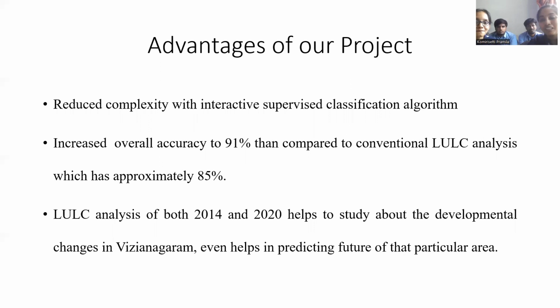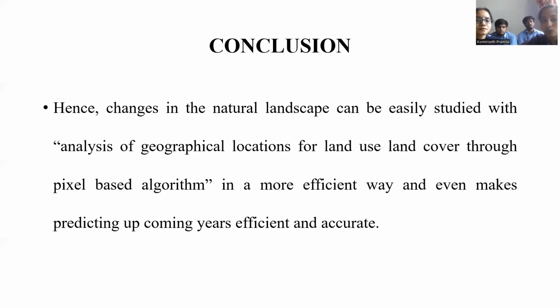In the previous conventional methods it used to be only 85%, and the overall accuracy is enhanced in our project. Generally, land use land cover analysis helps to map and track development. As we have taken two years of survey, 2014 and 2020, we can easily track the development changes and also predict future development.